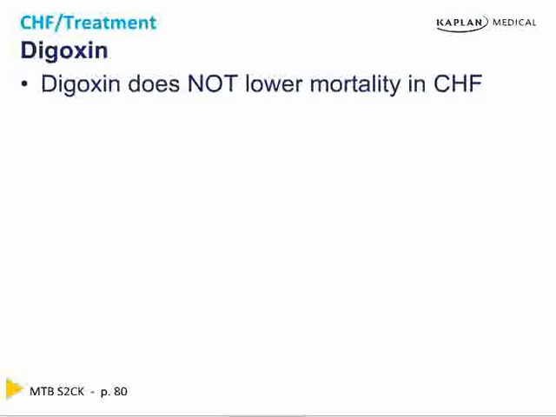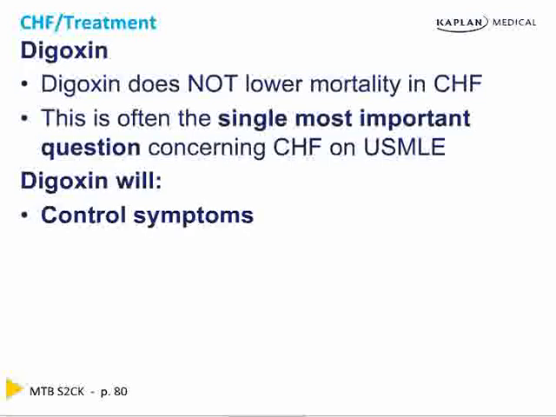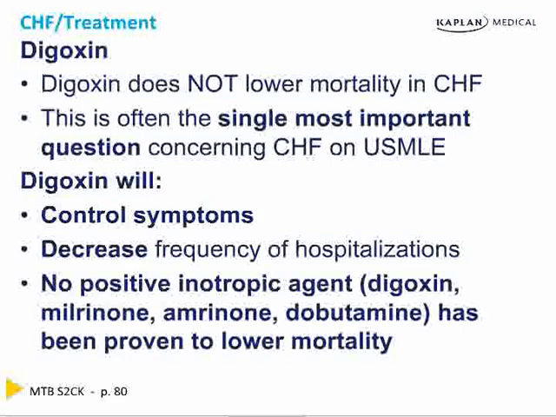And the answer is decreasing symptoms, decreasing hospitalizations, but not decreasing mortality. Make sure you understand it. No positive inotrope, not digoxin, nor dobutamine, nor amrinone, nor milrinone, has ever been shown to lower mortality. They are symptom-controlling drugs. That's it.